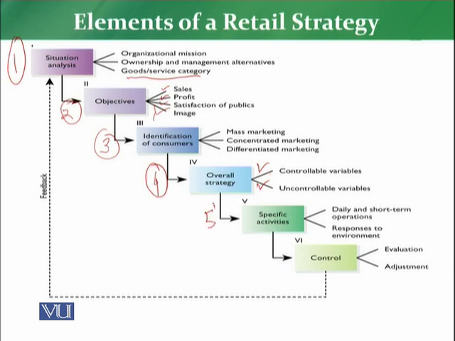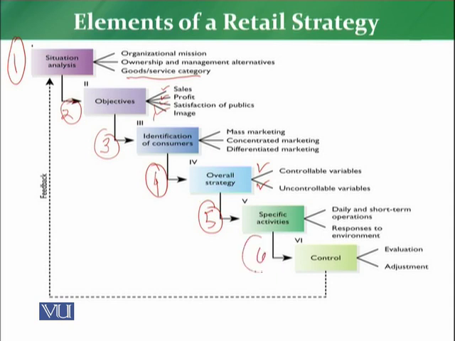Then the fifth element is about identifying specific activities. So short-term activities, short-term operations, daily operations, and how a retailer will respond to the environment, to the competition, to other things. So वो तमाम other set of activities are specified in the fifth element of retail strategy.